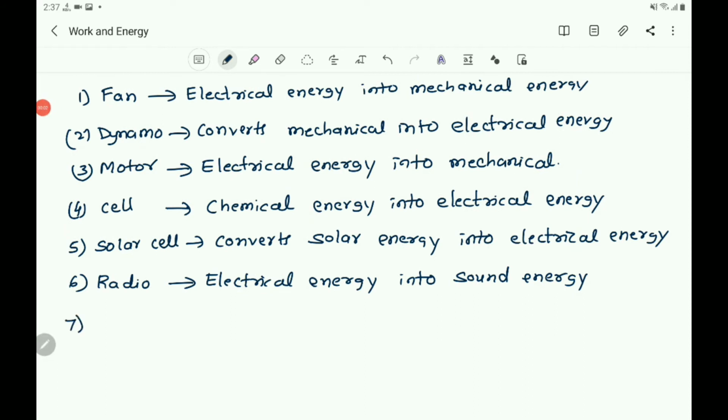So next let us take TV. In TV, which energy is converted into which energy? In TV also electrical energy is converted into sound energy and light energy.